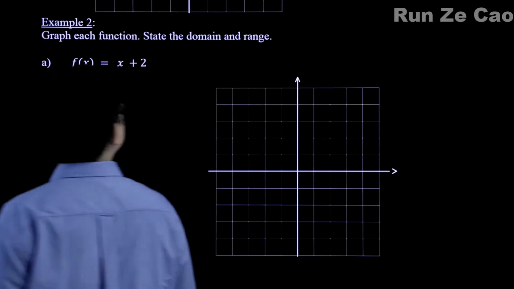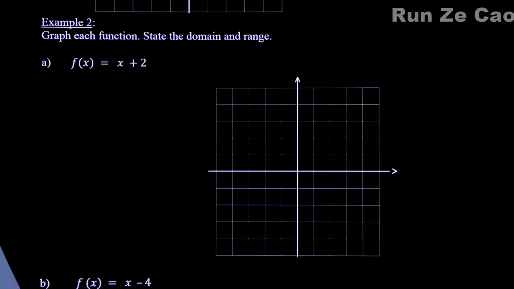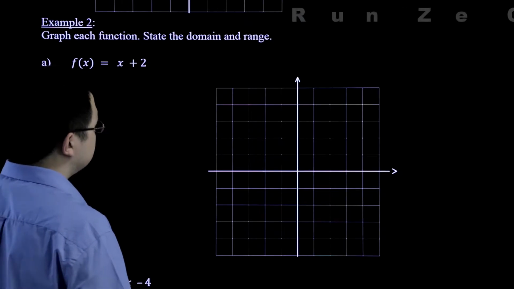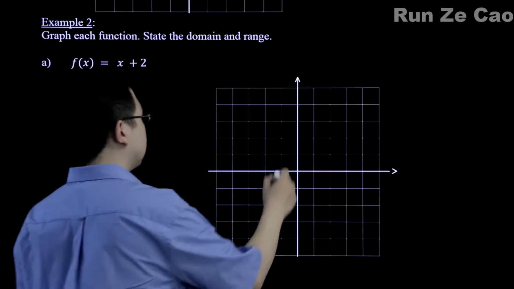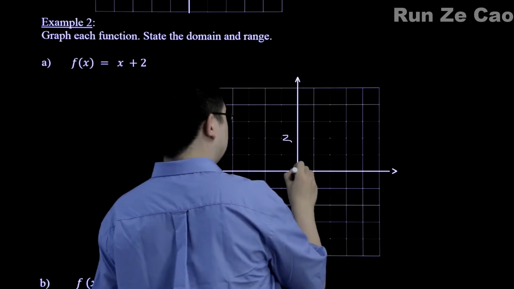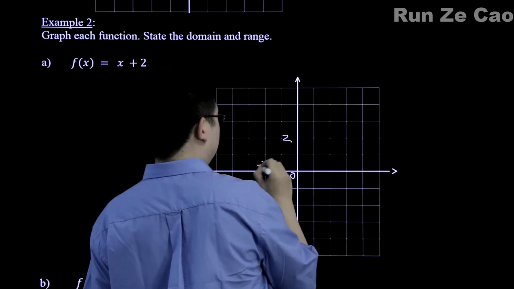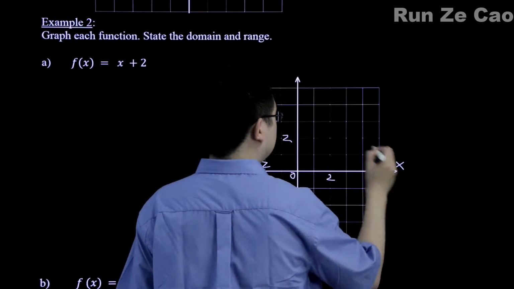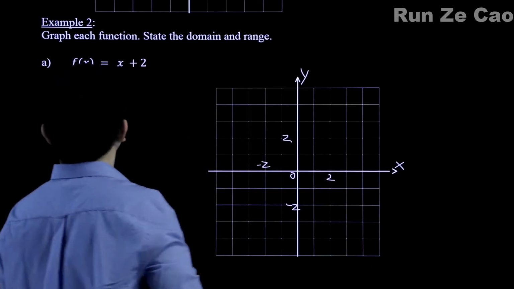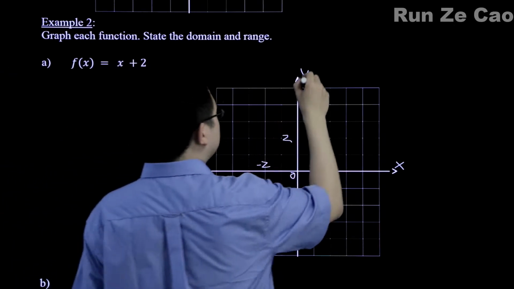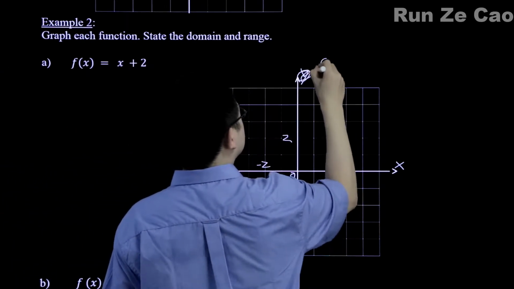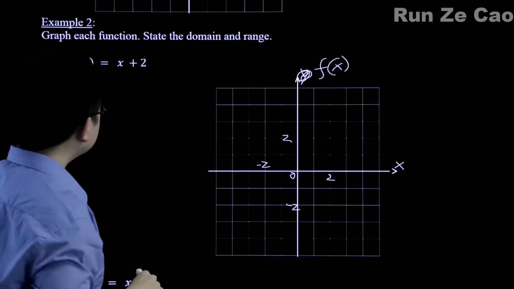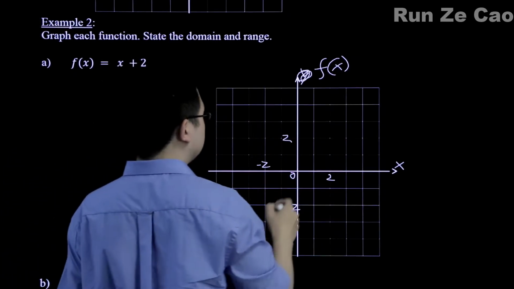So we have to graph each function, state the domain and range. The first one is y equals x plus 2. Which means, well, okay, let's say this is 2, and this is 0, and this is negative 2, 2, negative 2, x, y. Or, technically speaking, since this is f(x), we should write f(x) instead of y. So x plus 2.